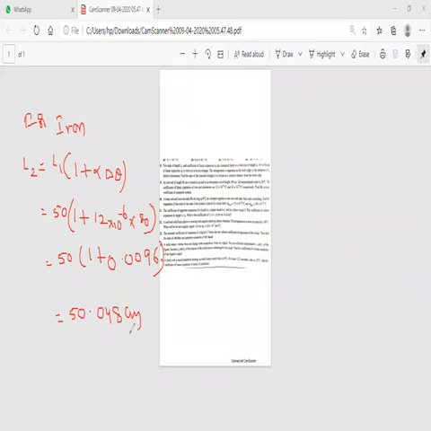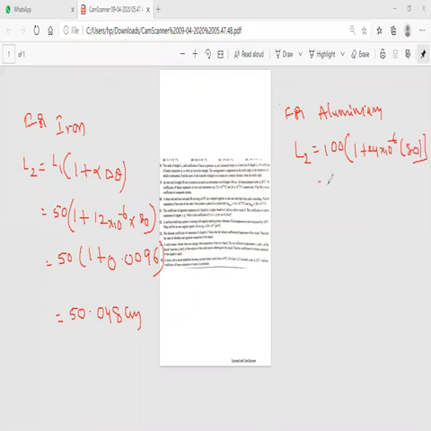And when it comes to the aluminum rod, you can use the same formula. So here L2 equals initial length 100 into 1 plus alpha, given 24 into 10 power minus 6, and change in temperature 100 minus 20, that will be 80.